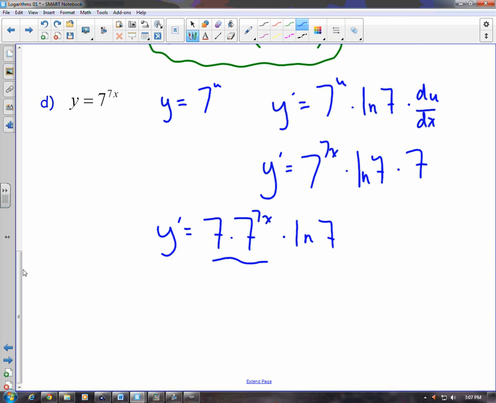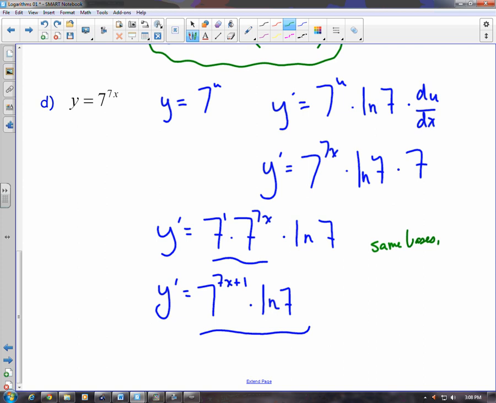So we add the exponents together, 7 to the power of 7x plus 1. The 1 really comes from there. That's exactly why we have this example, because it's a teeny little bit different. When the bases are the same, add those exponents.